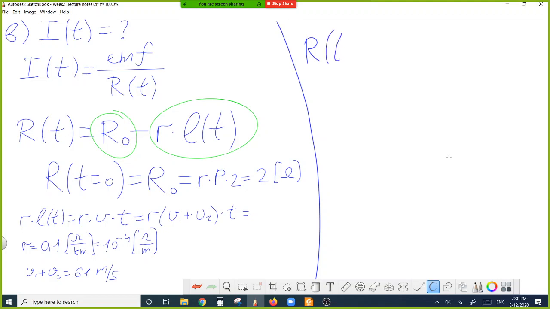Now the resistance with respect to time is equal to R0, which is 2, minus R multiplied by LT.